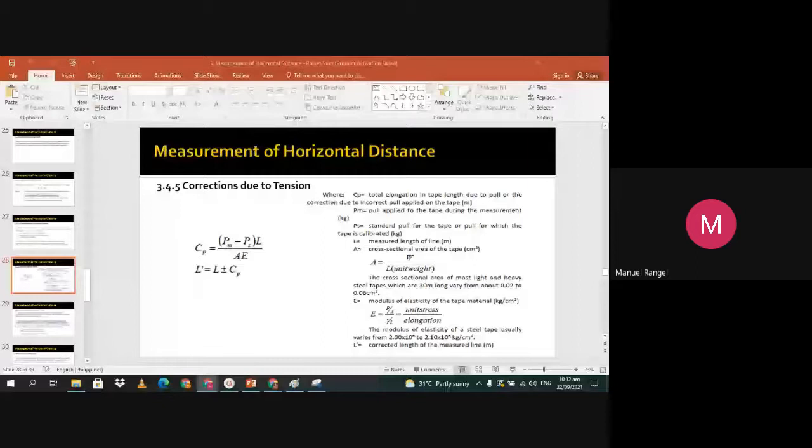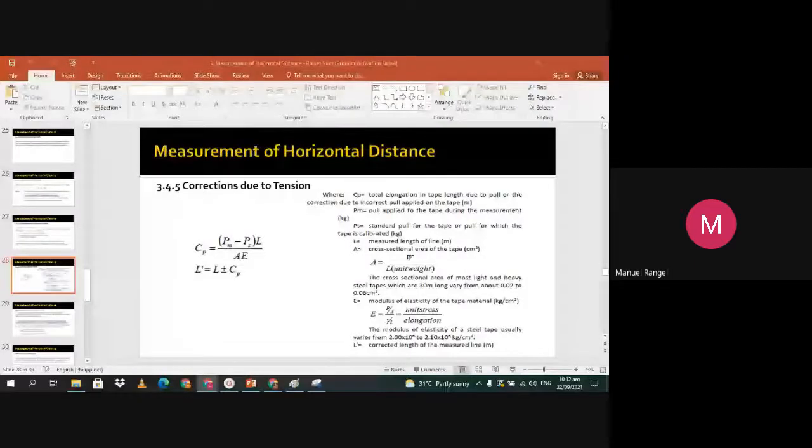So if the pull is greater than its standard, the tape is elongated, and if an insufficient pull is applied, thus making it too short.